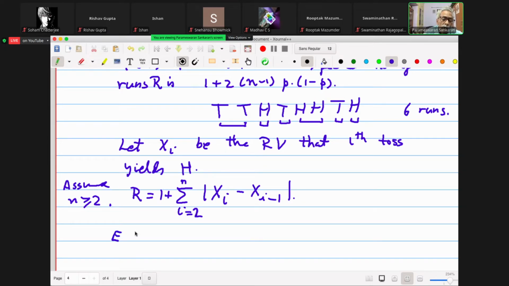So you need to compute the expectation of xi minus 1 in absolute value. But this is a simple enough problem. You can compute it. Because successive tosses are independent, it's enough to compute just the expectation of the absolute value of x1 minus x2.